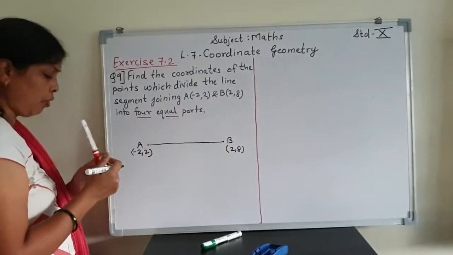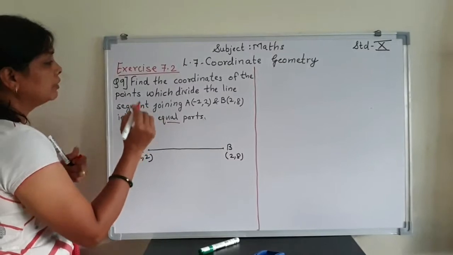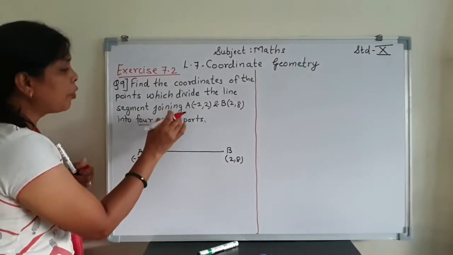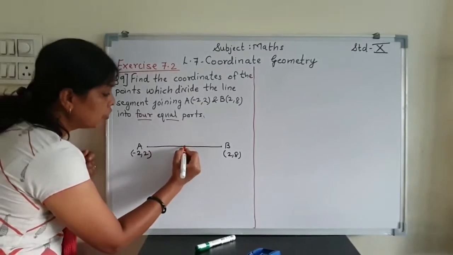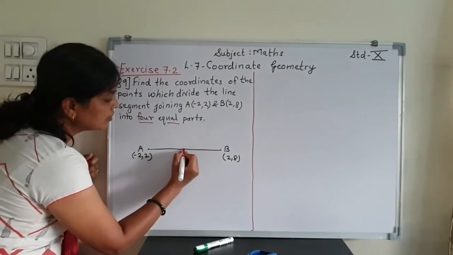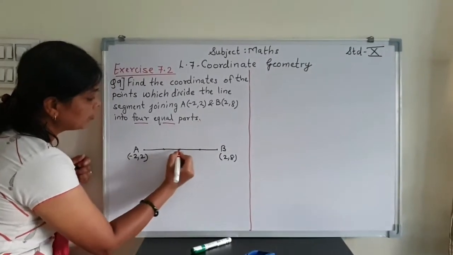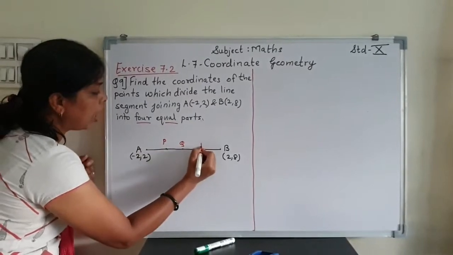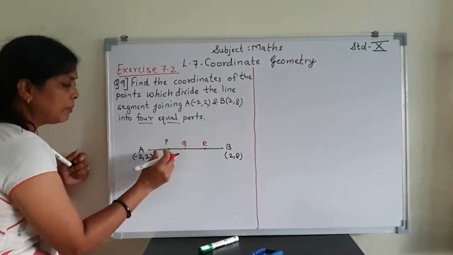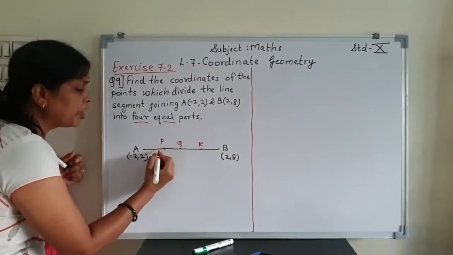Now from this we know x1, y1 and x2, y2. They have given that there are points that divide this AB into 4 equal parts. So 4 equal parts means, see, here are the 4 equal parts. Let these points be P, Q, R. So by this P, Q, R we get the line segment divided into 4 equal parts.